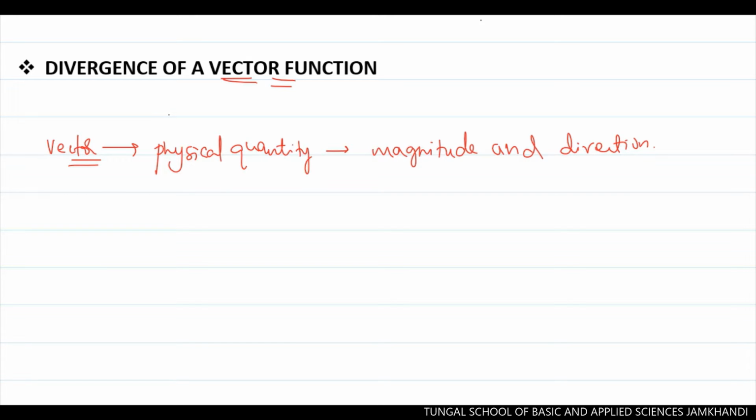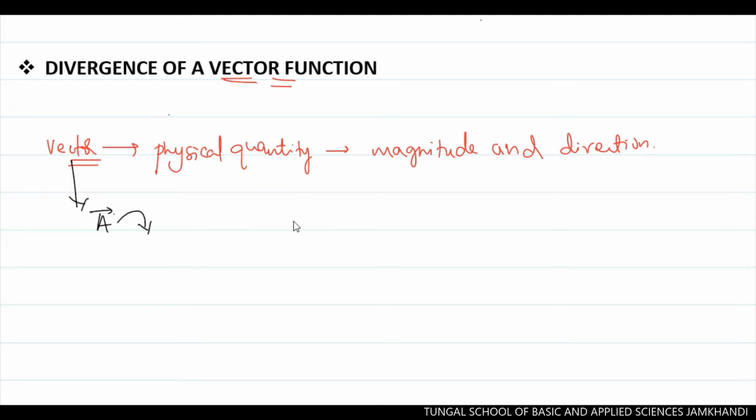If I define a vector function A, it depends on position, that is, on the position coordinates of a particular point.